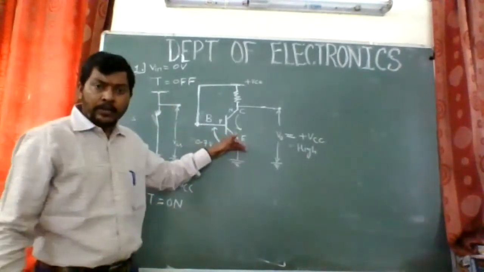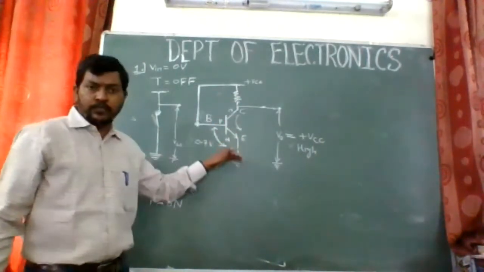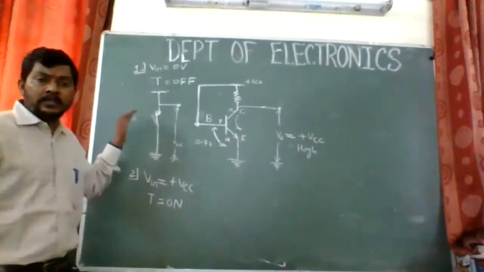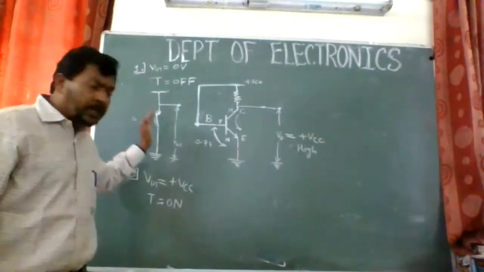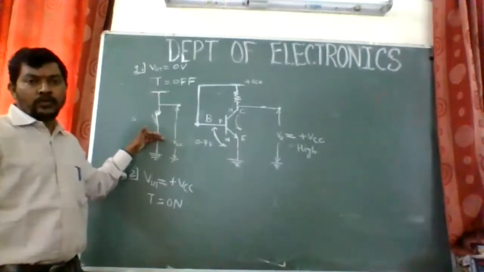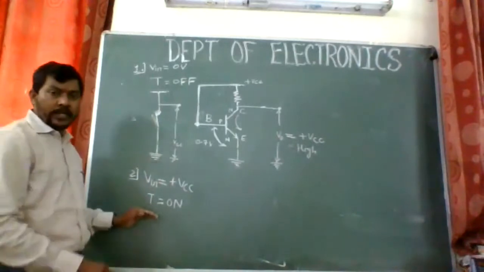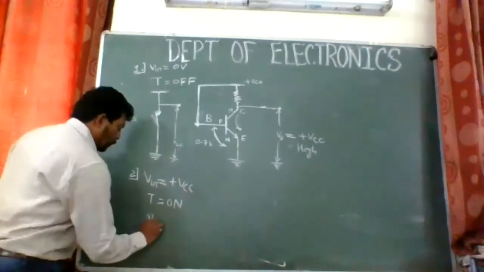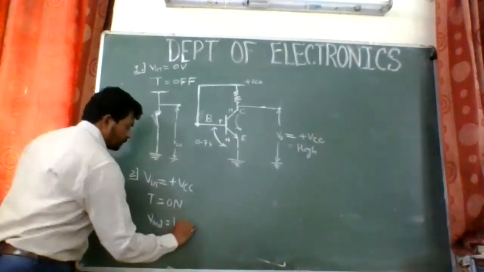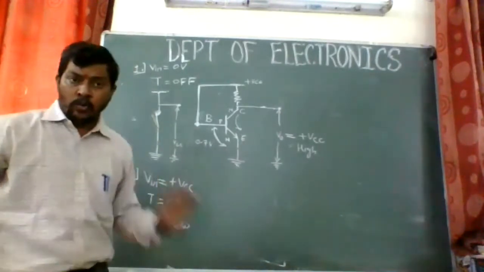The current will flow like this, and this transistor will act as a closed switch. If it is closed, then the output voltage will decrease to ground, to a lower voltage. So we can write that the output voltage will be low, right?